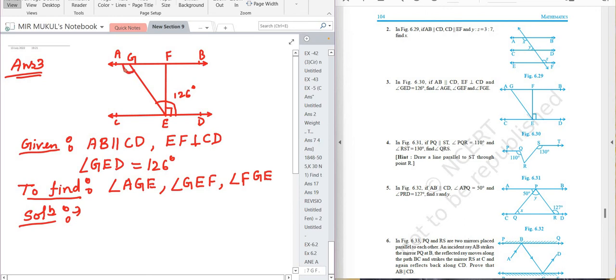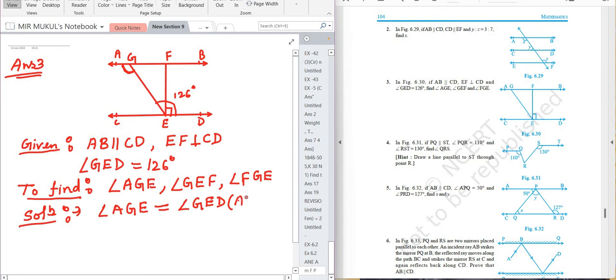No, first find AGE. Angle AGE equals angle GED. Why are these two angles equal?